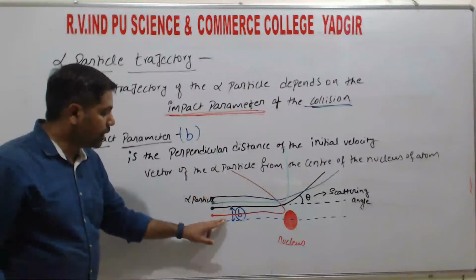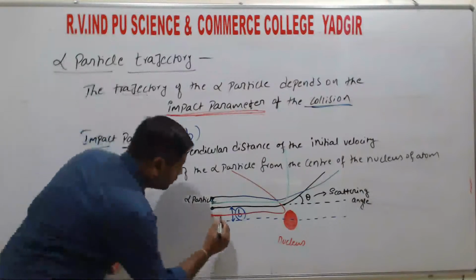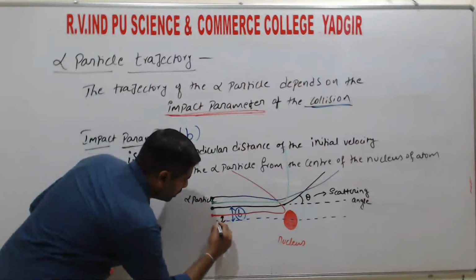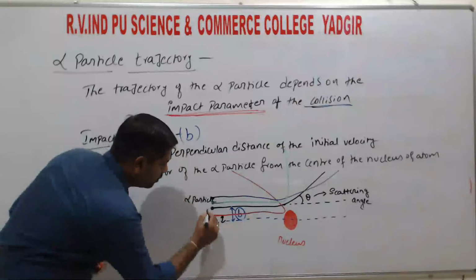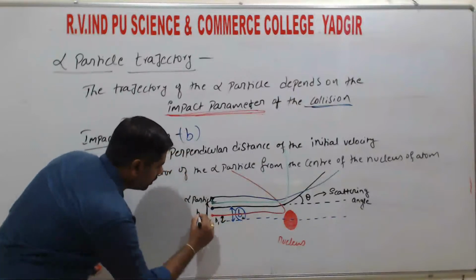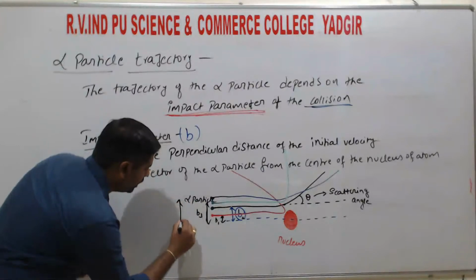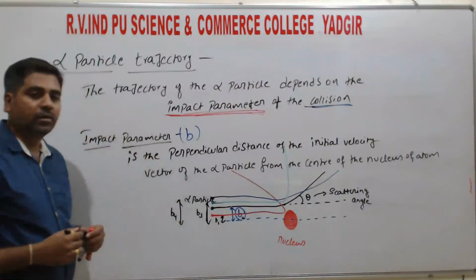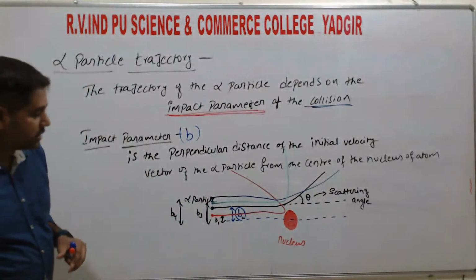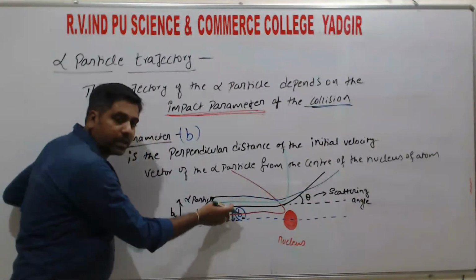So here the B values vary, right? So here if I observe, for this red one it is B1, for black it is B2, for green it is B3, and for blue it is B4, right? So that is the distance from this axis for the different alpha particles, and it varies.